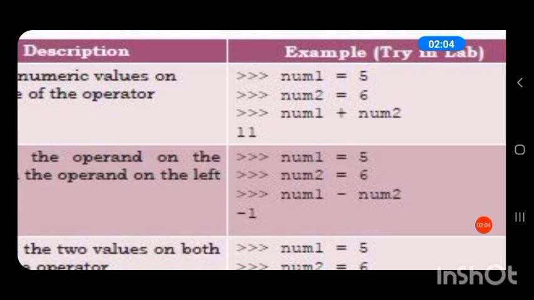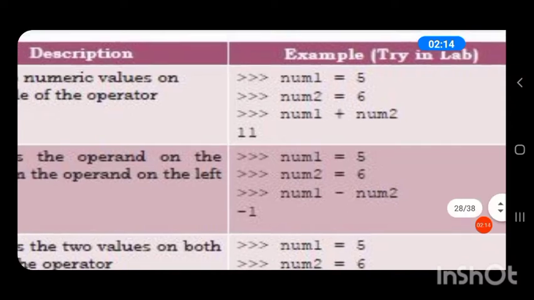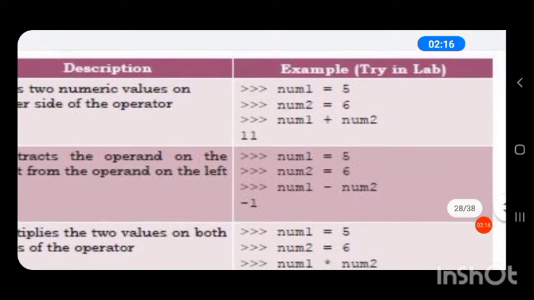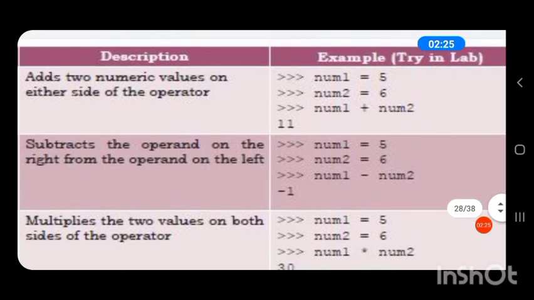We use the operator plus to add the values in the variables num1 and num2. So num1 plus num2 will return the value 11. That is, it adds 5 and 6.